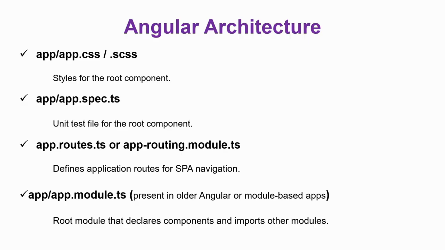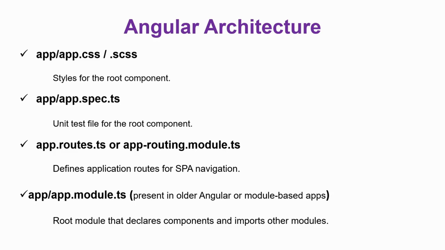Then it is app.spec.ts, that is for writing the unit test cases. Okay, so you can write the unit test cases for those components, whatever functions you have declared or written. So those unit test cases you can write here. The next one is the app.routes.ts file or the app-routing.module.ts file.